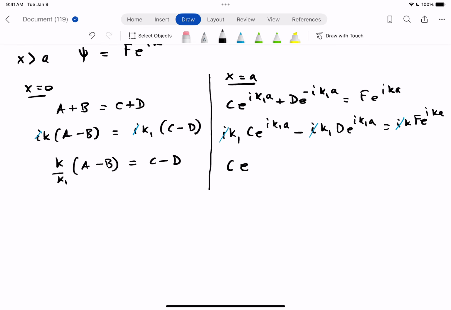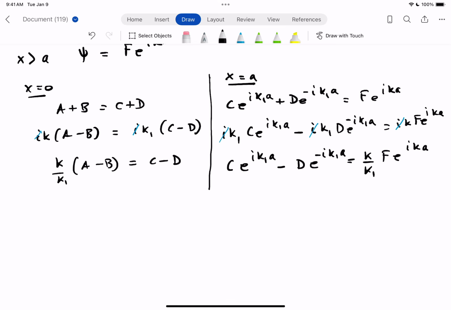So we get C e^(ik1a) - D e^(-ik1a) = (k/k1) F e^(ika).